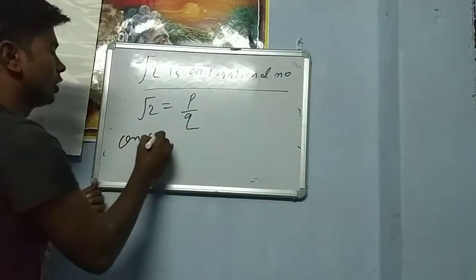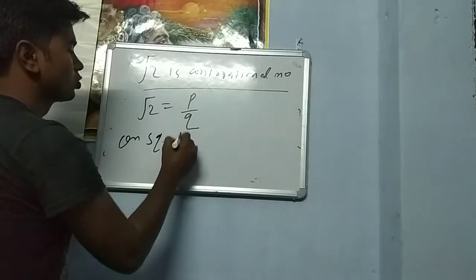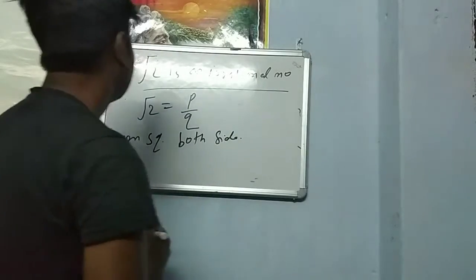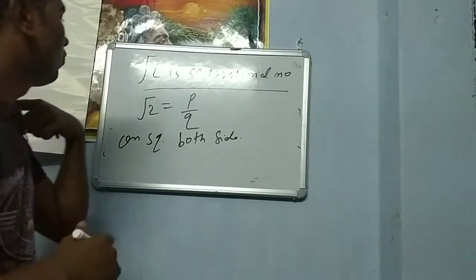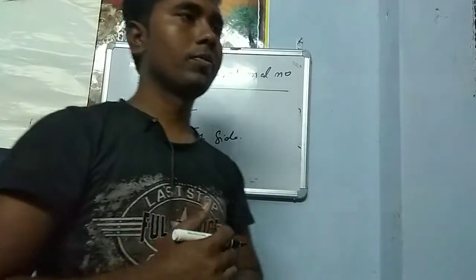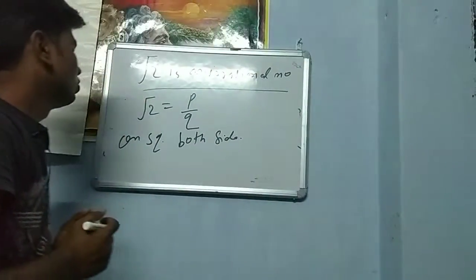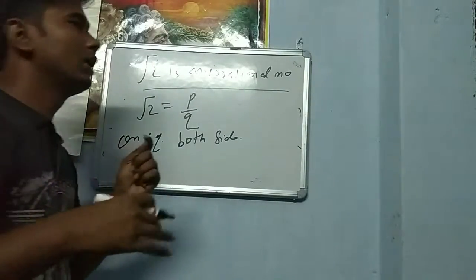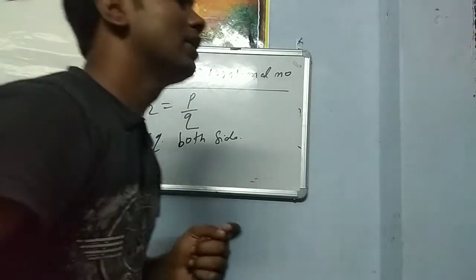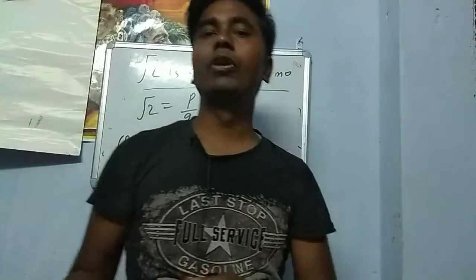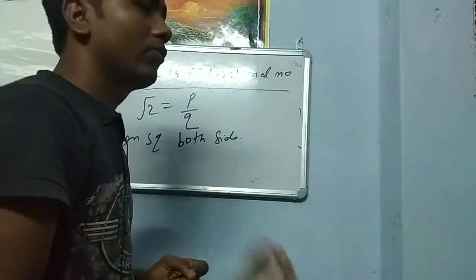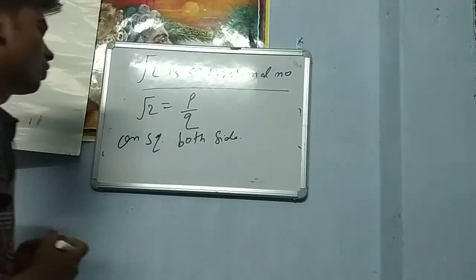On squaring both sides. The question arises here: why did we square it? You know that root 2 isn't a perfect square. So to get a perfect number, by squaring it, multiplying root 2 with root 2, we get 2. So it can be very easy to identify the nature of the real number.